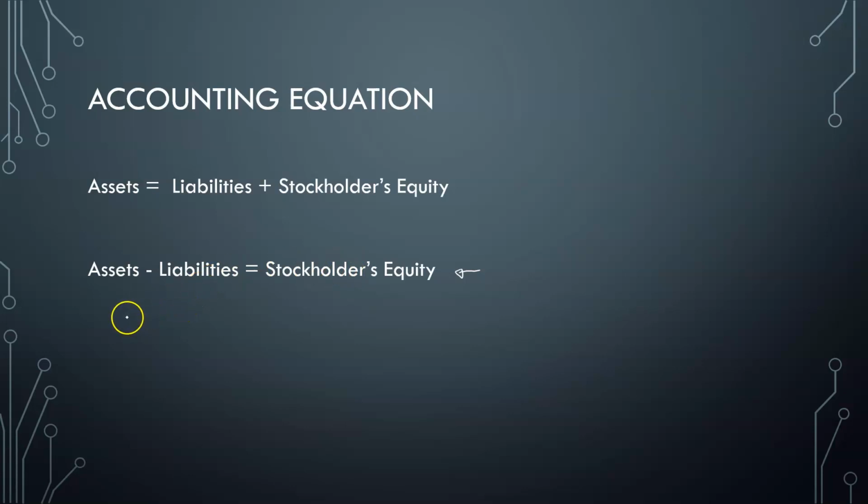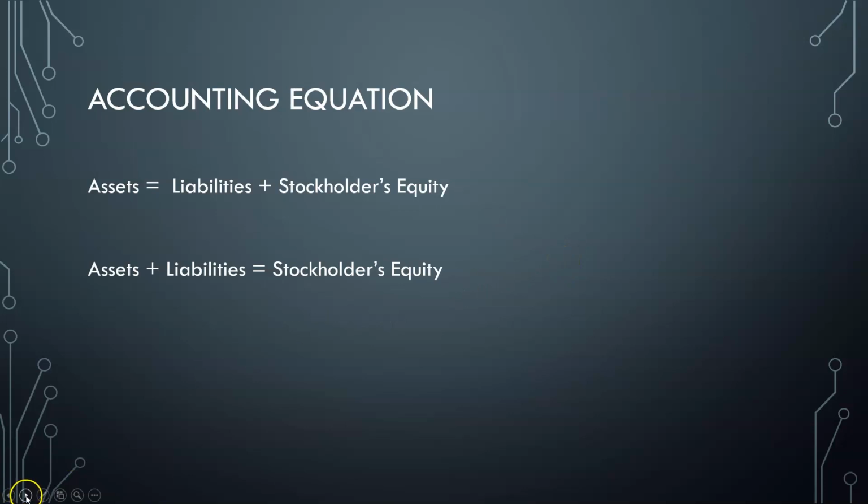To do that, all we're going to do is add liabilities to both sides. That will result in having assets equals liabilities plus stockholders' equity, which is the same as the equation we have here. So yes, this is the accounting equation.